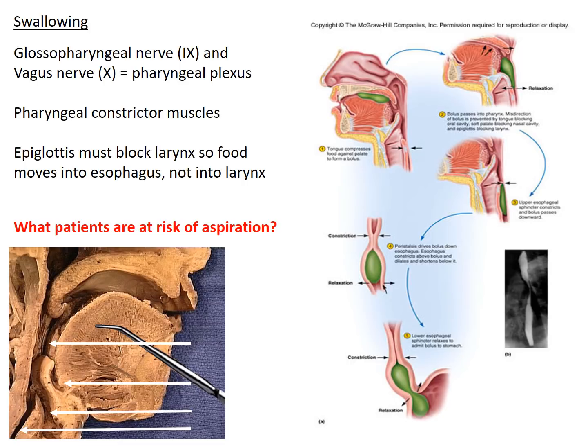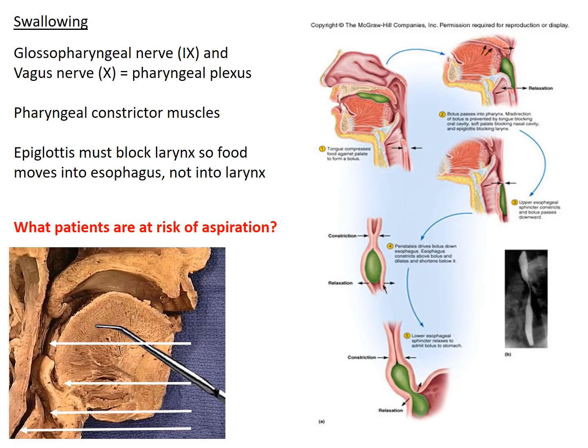We're going to keep moving down the GI tract, going north to south, and now let's talk about swallowing. Swallowing is a complex process of voluntary contraction of skeletal muscle, not smooth muscle, skeletal muscle, and those pharyngeal constrictor muscles and all the different muscles which are used for chewing and swallowing.